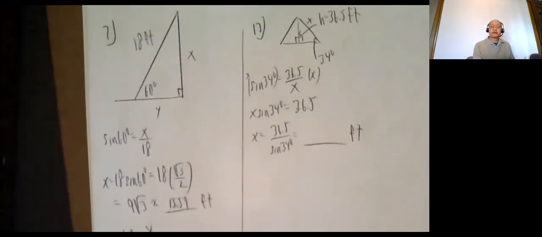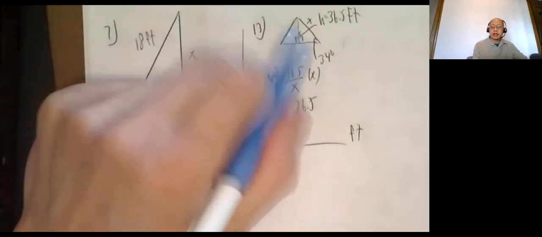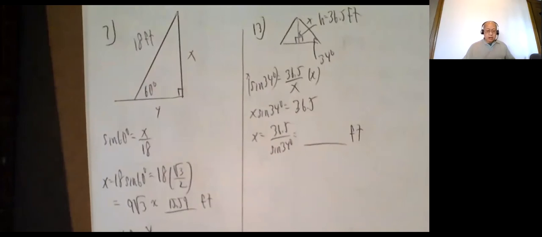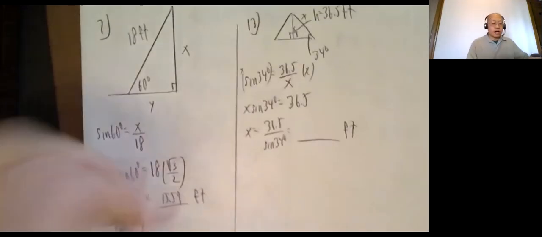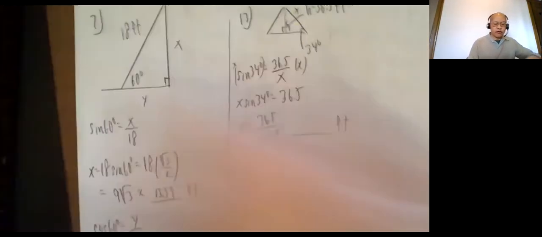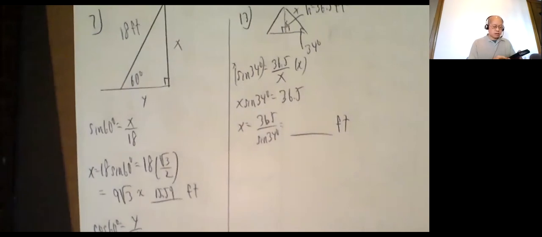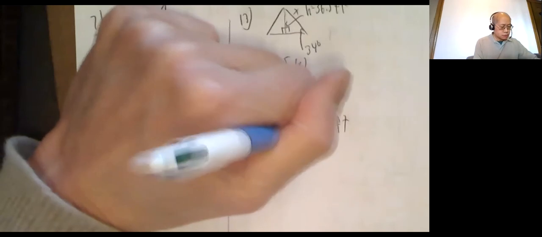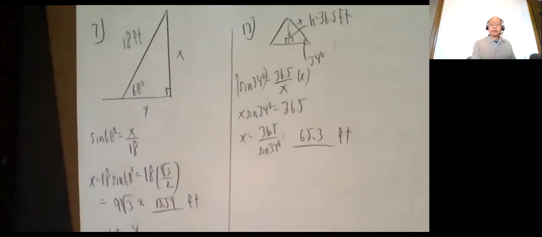So many feet, that would be this slanted distance from here to here. How do they tell me to round off? One decimal place. So 36.5 divided by sine 34 is 65.3 feet.